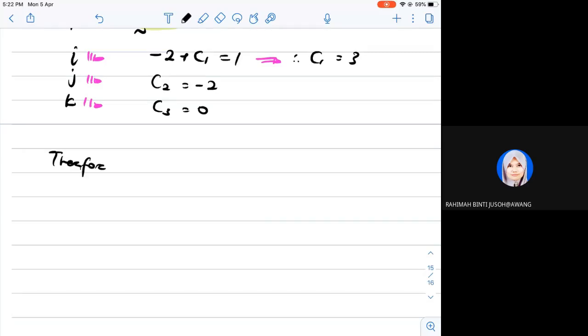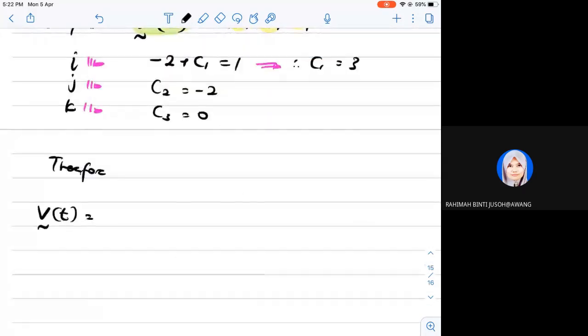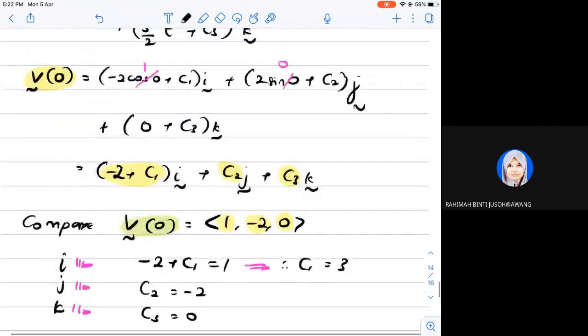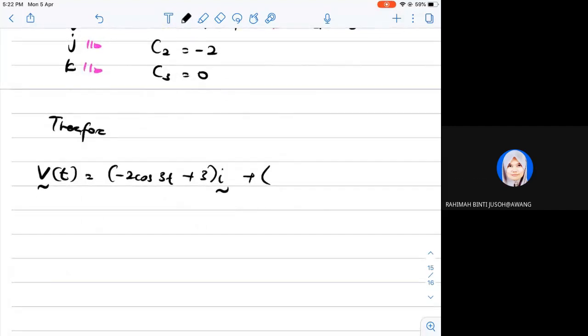Therefore, kita punya velocity equals to negative 2 cos 3t tambah berapa tadi? C1 equals to 3, 3i tambah untuk j kita ada 2 sin 2t. C2 berapa?